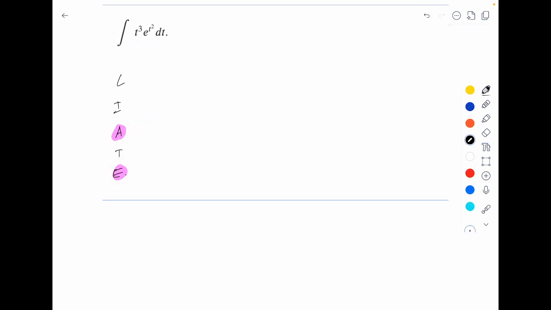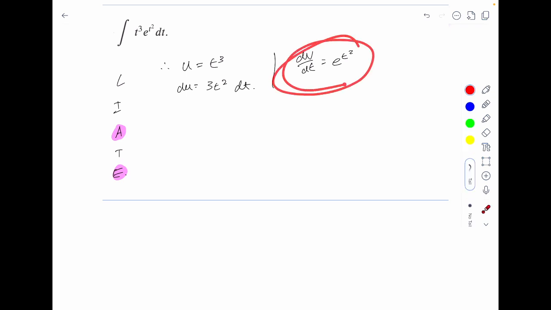So therefore, let u equal t cubed, du is therefore just going to equal 3t squared dt. But dv by dt equals e to the t squared. And so as you can see, we've got a bit of a tricky one here because we can't actually evaluate this to find v.